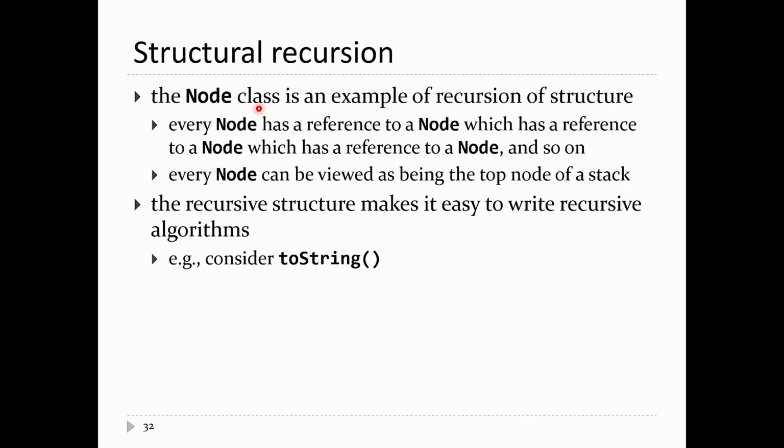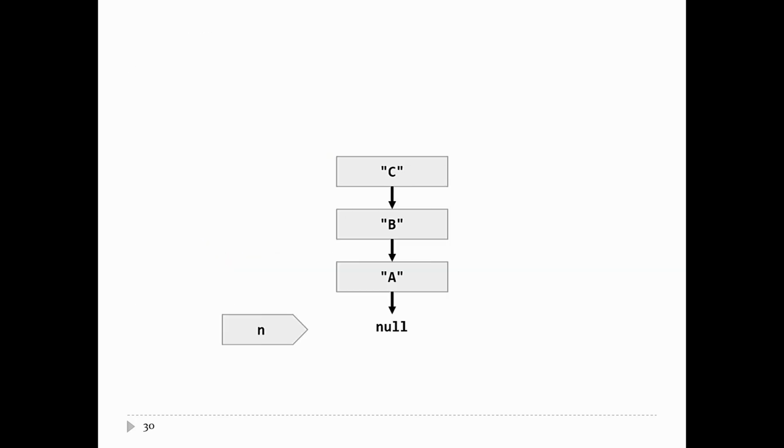And so this means that node is an example of structural recursion. Because every node refers to another node, you can imagine that any node is just the top of some other stack. So what do I mean by that? In this picture here, I know that C is the top of the stack CBA.